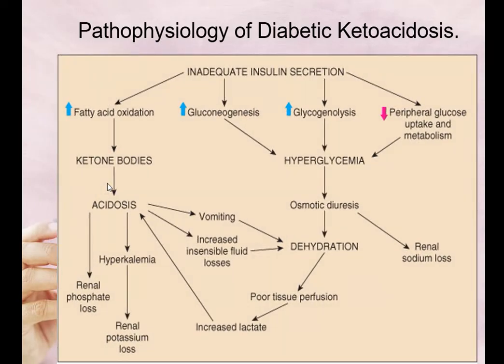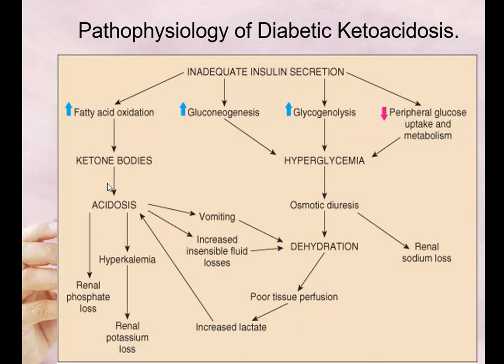This slide shows the pathophysiology of diabetic ketoacidosis. When there is inadequate insulin secretion, there is increased fatty acid oxidation, increased gluconeogenesis, increased glycogenolysis, and decreased peripheral glucose uptake and metabolism.